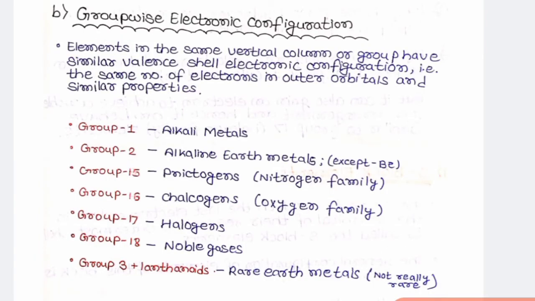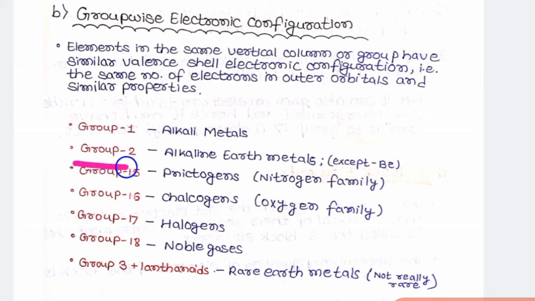Now let us come to group wise electronic configuration. Elements in the same vertical column or group have similar valence shell electronic configuration, that is the same number of electrons in the outer orbital and similar property. Group 1 elements are also called alkali metals.